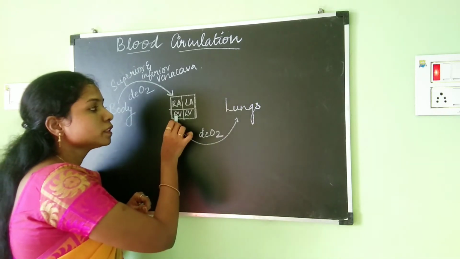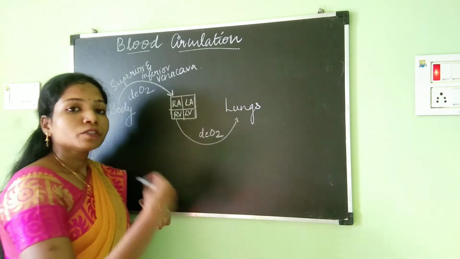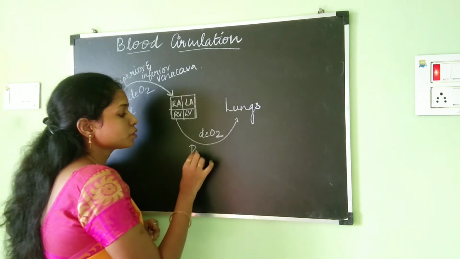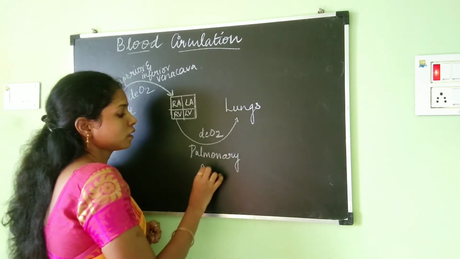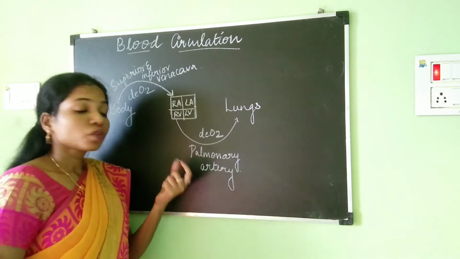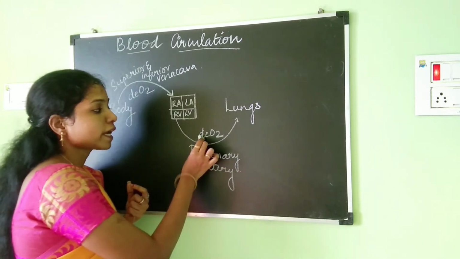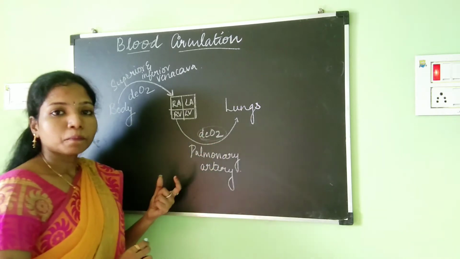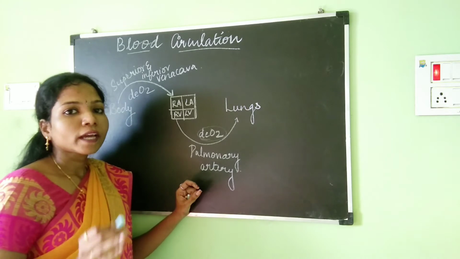So here, from the right ventricle, the deoxygenated blood will be sent into the lungs by the blood vessel which is known as the pulmonary artery. We have already discussed that the pulmonary artery is the only artery which carries deoxygenated blood. Deoxygenated blood is nothing but the blood which does not have oxygen.